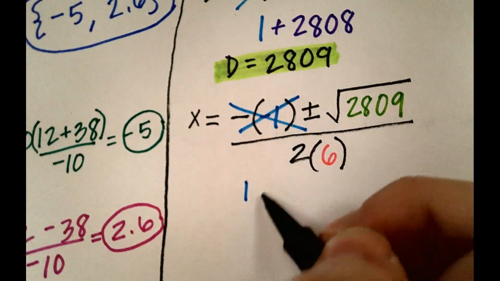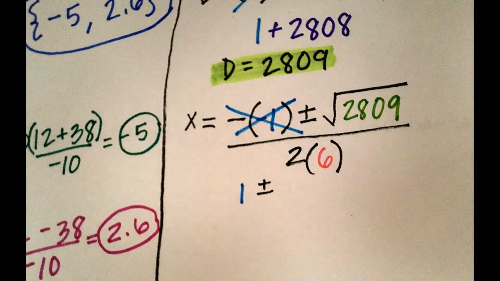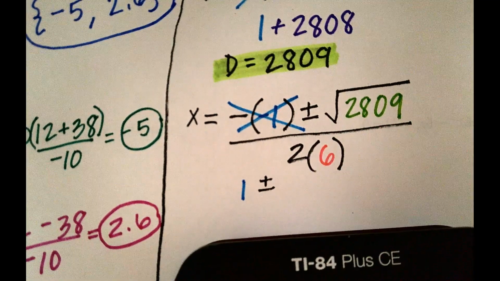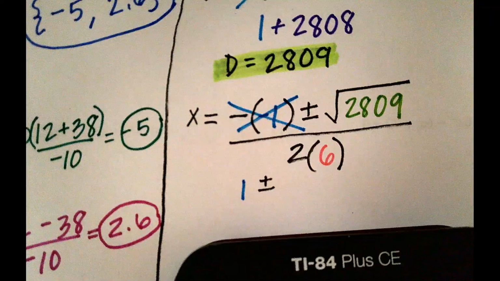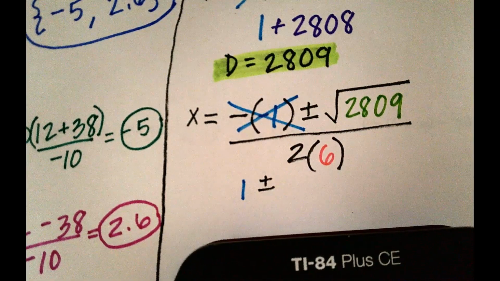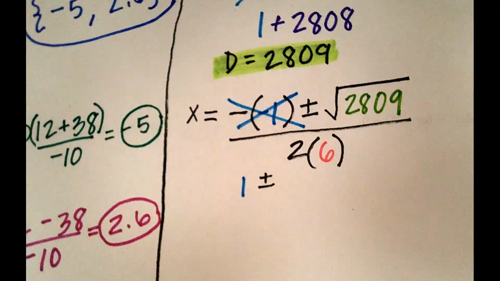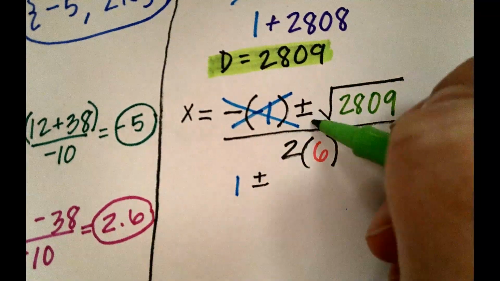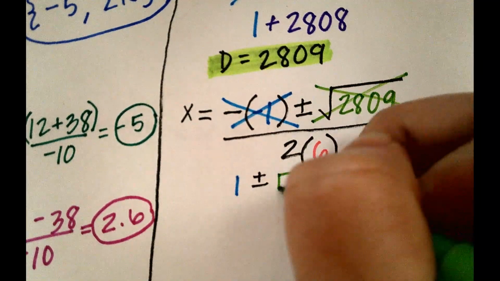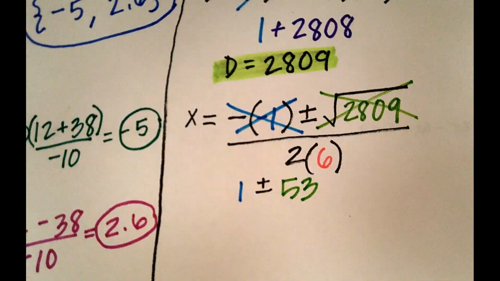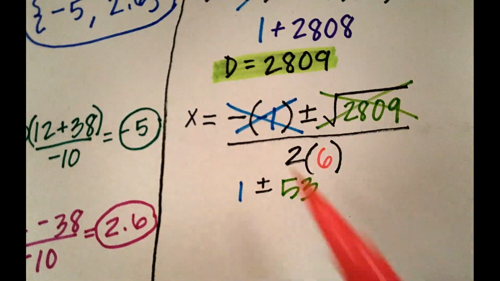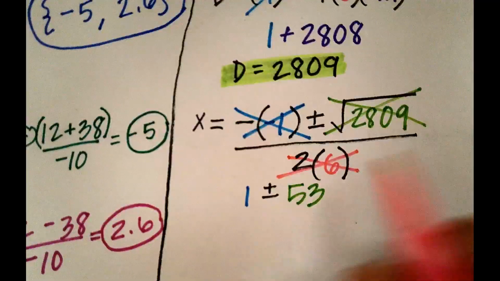Perfect. So I'm going to bring down my plus or minus. And then we'll do our square root of 2809. Enter 53. Over 12. Yep, all over 2 times 6 is 12.